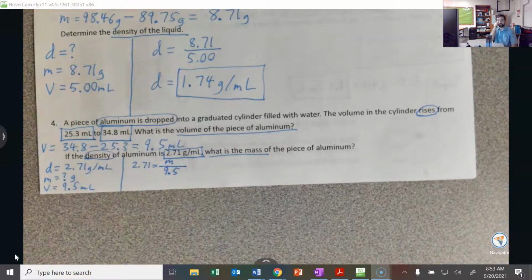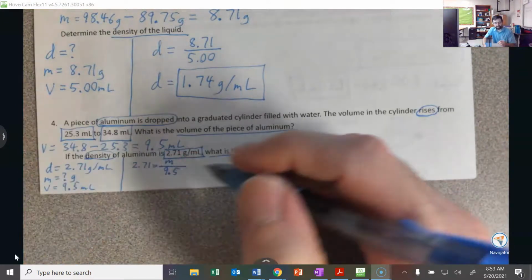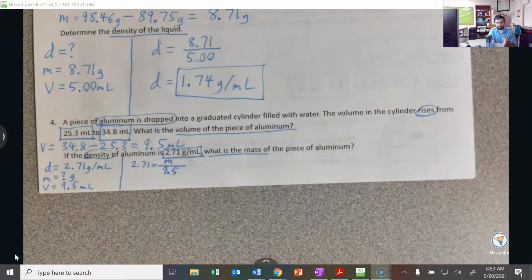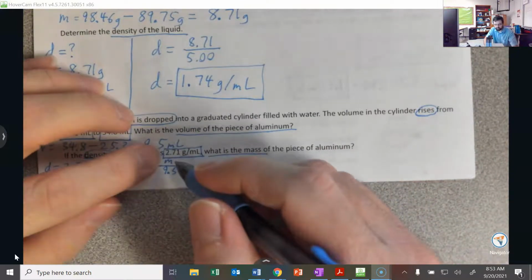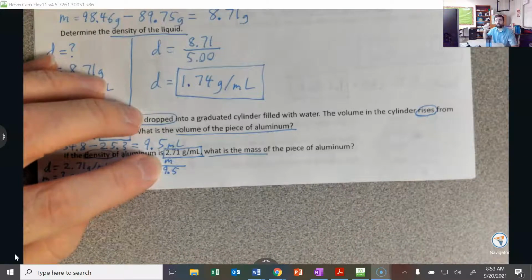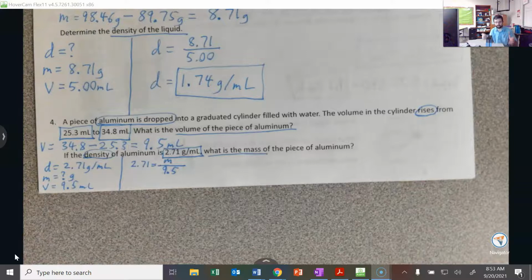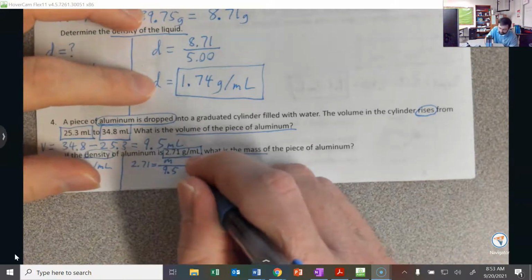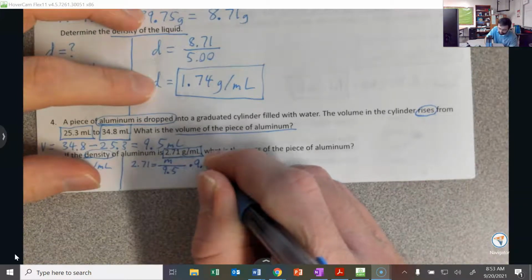Now, if I want to solve for mass, it's already in the numerator. I just want to get it by itself. Right now, I have mass divided by 9.5. I want to do the opposite of that. I want to multiply by 9.5 so I can get rid of that 9.5 and have M by itself. So I'm going to multiply both sides by 9.5.